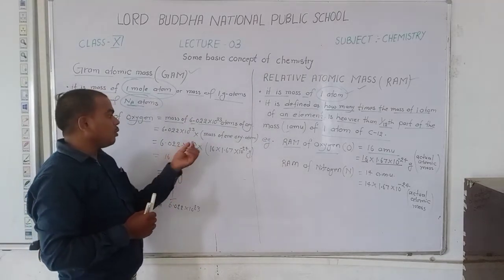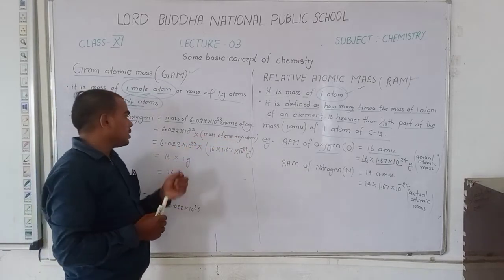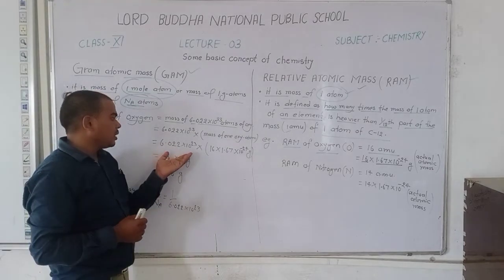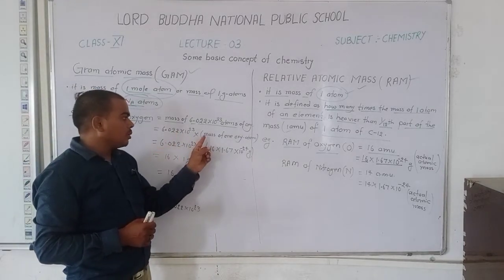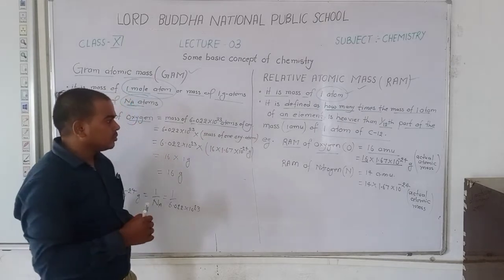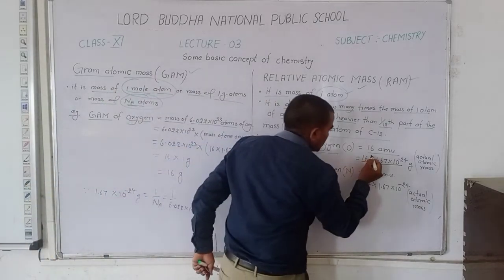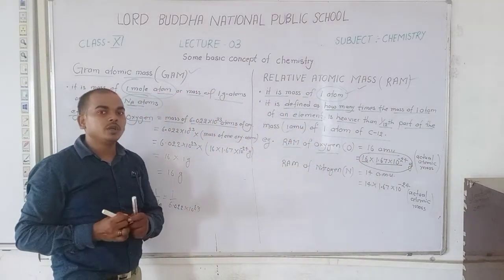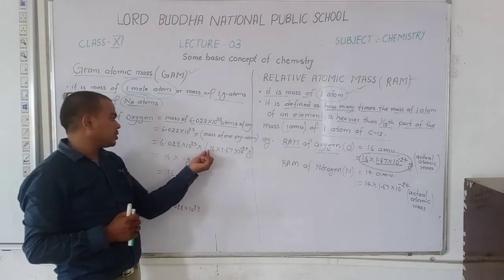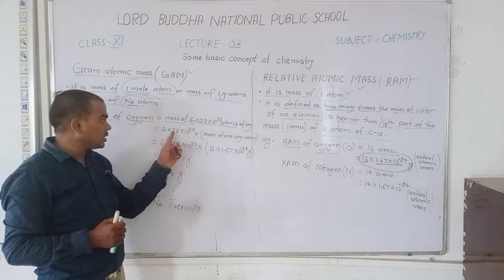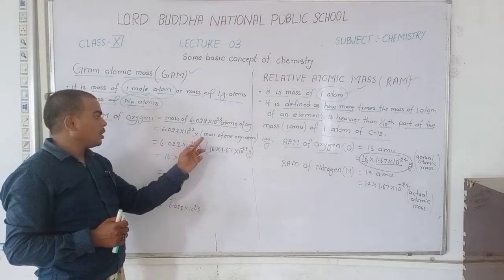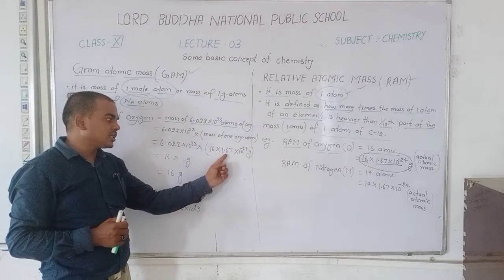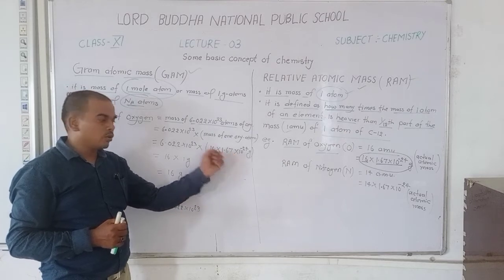Now put the value of the mass of one oxygen atom, which is 16 into 1.67 into 10 power minus 24 gram, multiplied by 6.022 into 10 power 23.